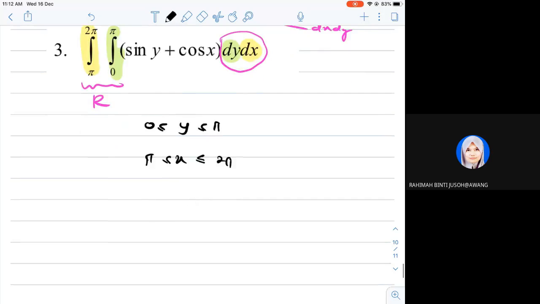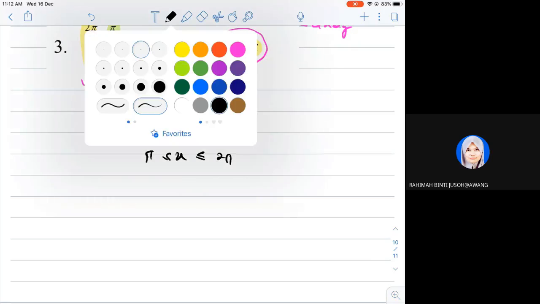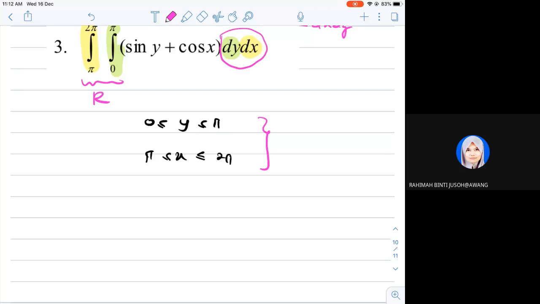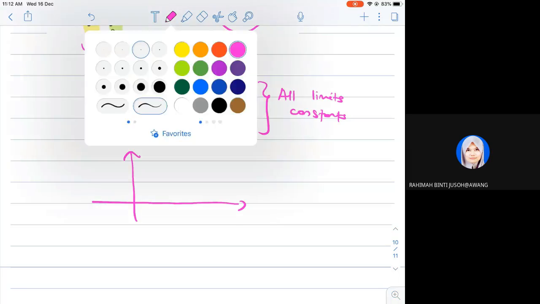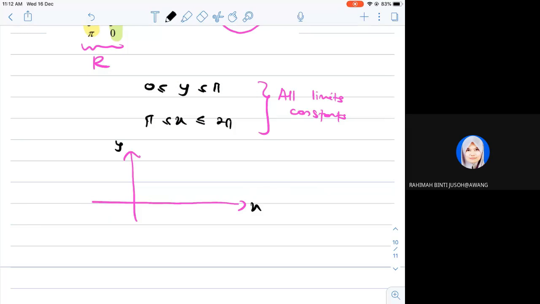Okay guys, all of the limits are constants. Semua ni constant tau. Pi ni semua ni, dia bukan variable, dia constants. So bila constants, dia akan jadi rectangular region. So if you want to sketch the region, this is x, this is y.